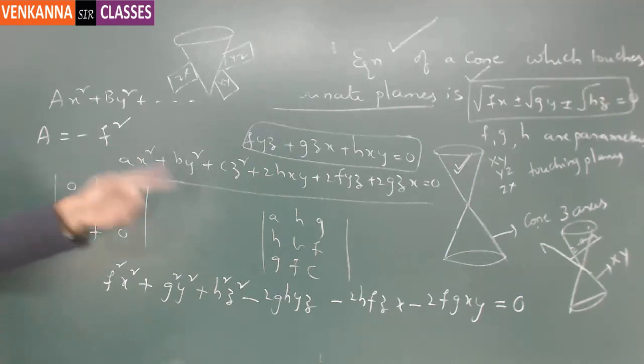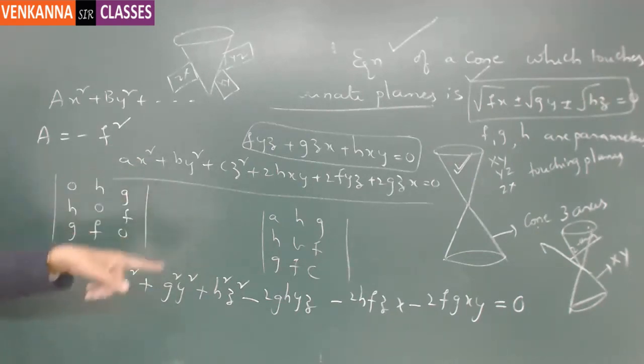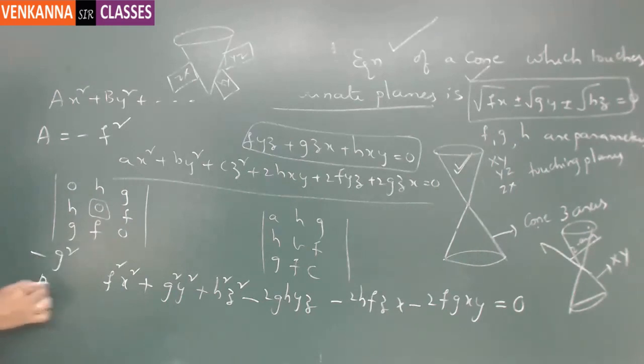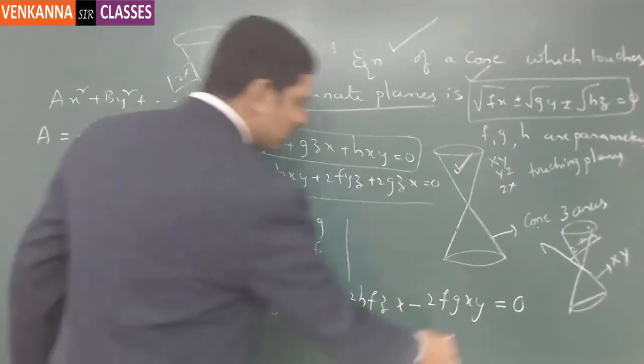Similarly, you calculate all the remaining cofactors. For B, closing the row and column at this position, the cofactor is minus g square. Like that, I am calculating everything here. So multiplying with minus, this is the required equation of the reciprocal cone.